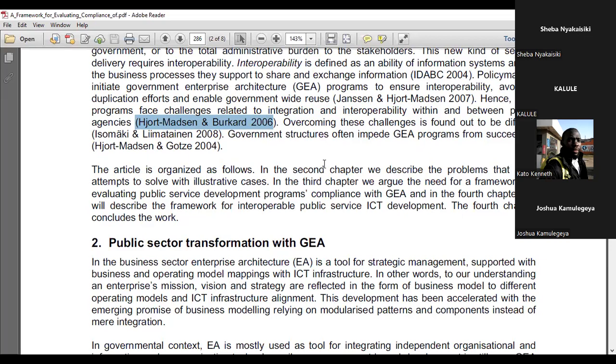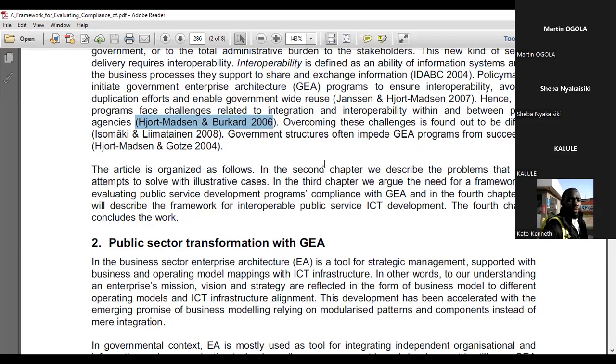Now, Kenneth, one of the things I want to point out is this particular research is in the field of ICT, in the program of ICT. And in the program of ICT, we don't look at systems. Okay, yeah, we're looking at systems, but we look at governance of ICT.